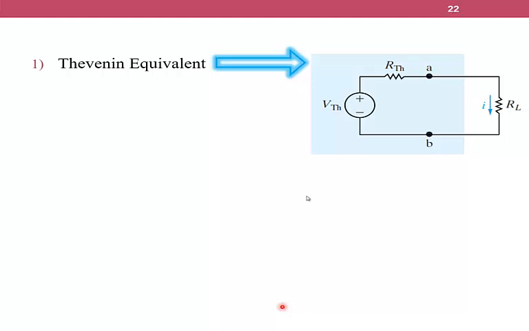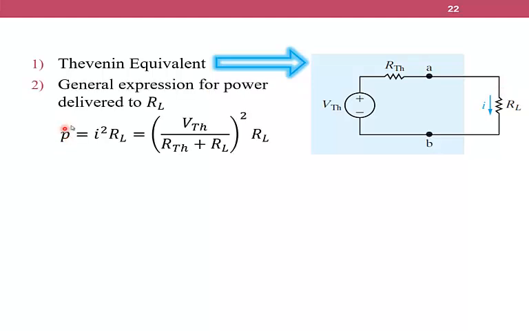First, we are going to get the Thevenin equivalent. As we have agreed in the previous example, we are going to reduce the complicated circuit to V Thevenin in series with R Thevenin, and we have here in series with R load. Power is the multiplication of voltage with current, or I square multiplied by R load.